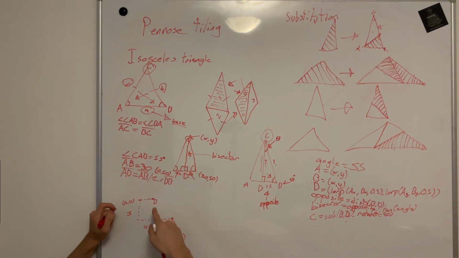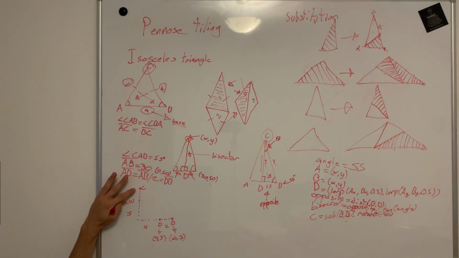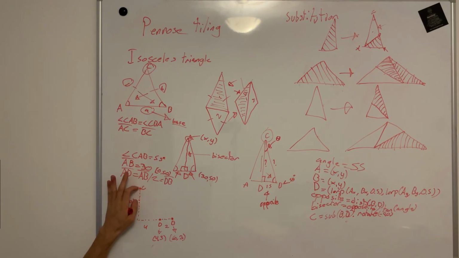So now it's not over here anymore. We've rotated it 90 degrees, so now it's over here. This is, let's say, C. So C is now here, but it's not necessarily the right length. It needs to be whatever the bisector is.